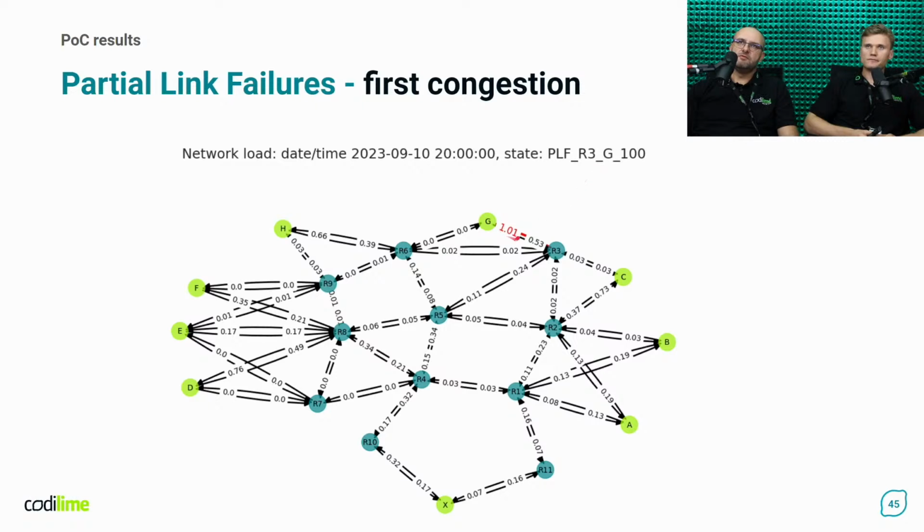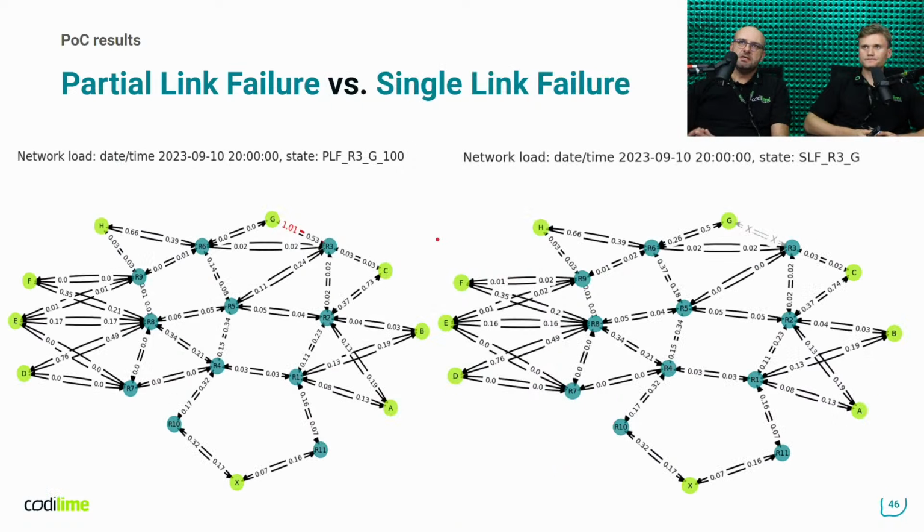But if one of the interfaces has failed, then we can only use half of this capacity. That is not enough to carry the whole traffic, so our system is detecting and marking the situation and the link red.